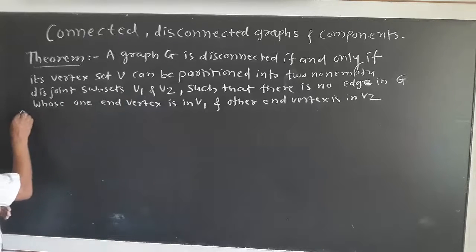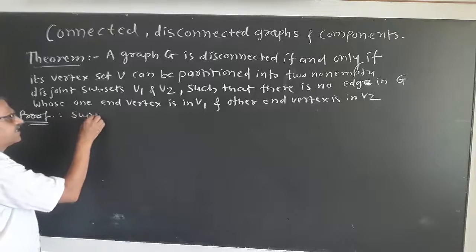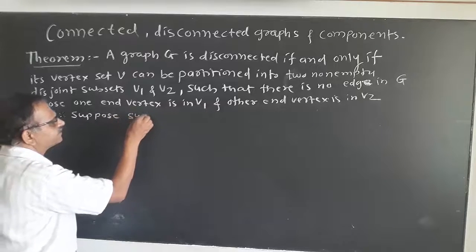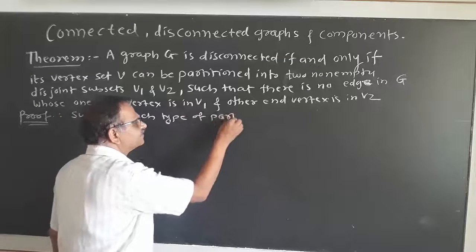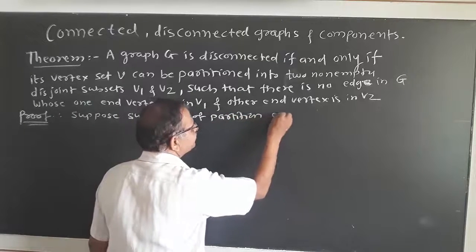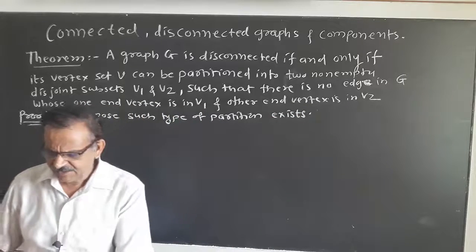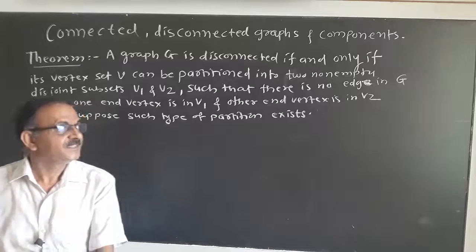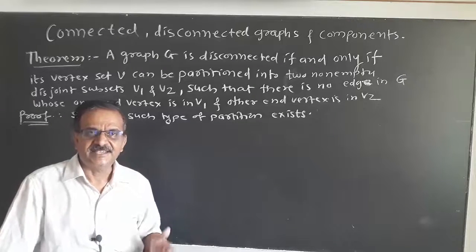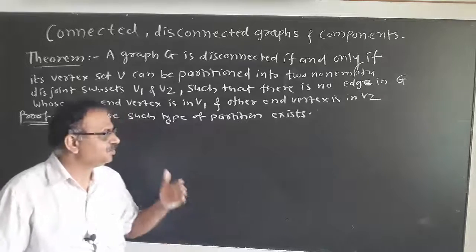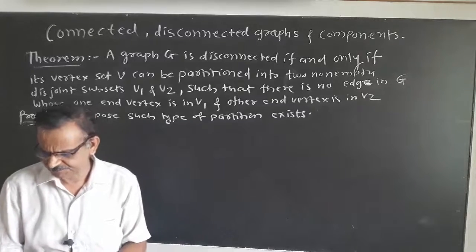Proof. Suppose such a partition exists. What is the meaning of this? There are two vertices A and B which are end vertices of an edge E in G, where A belongs to V1 and B belongs to V2.